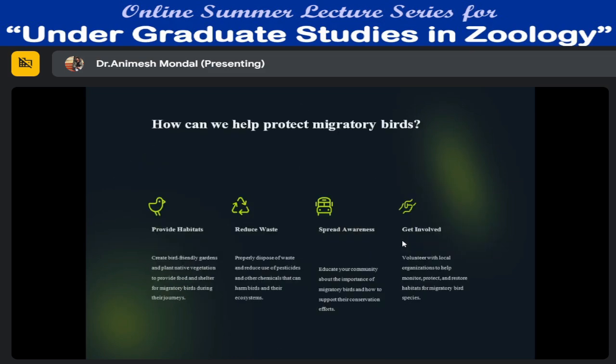Now, how can we protect the migratory birds? We can provide habitat, create bird-friendly gardens, and plant native vegetation to provide food and shelter to these migratory birds, and we can reduce our waste, properly dispose of waste, and reduce the use of pesticides, because one major threat from these pesticides is neonicotinoids.